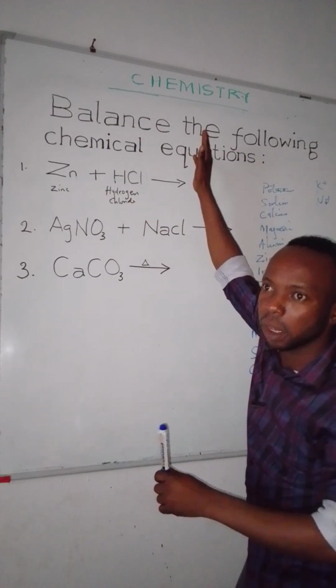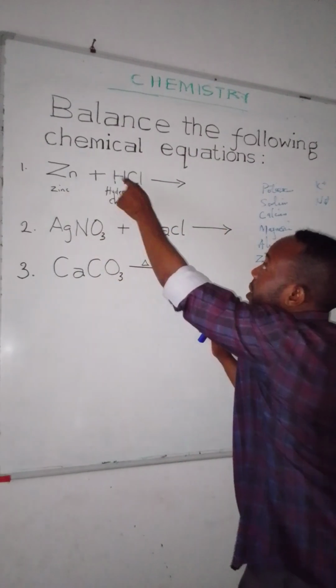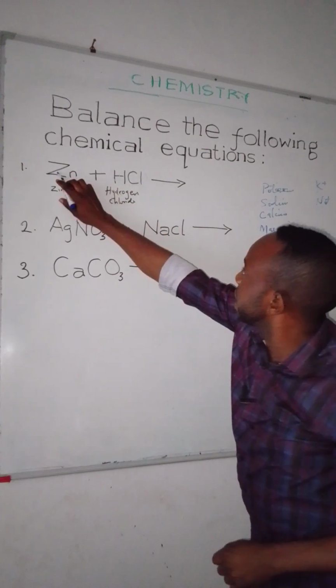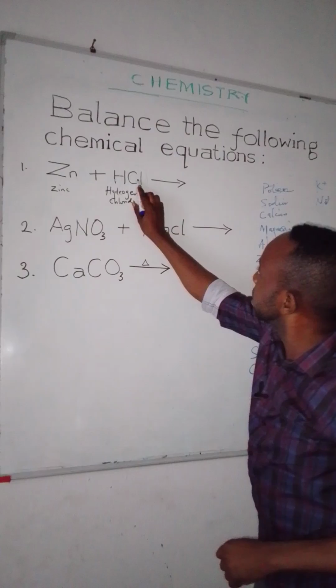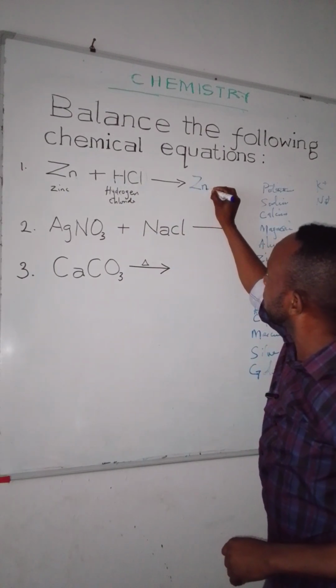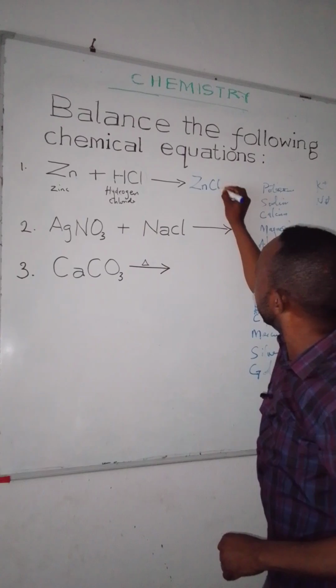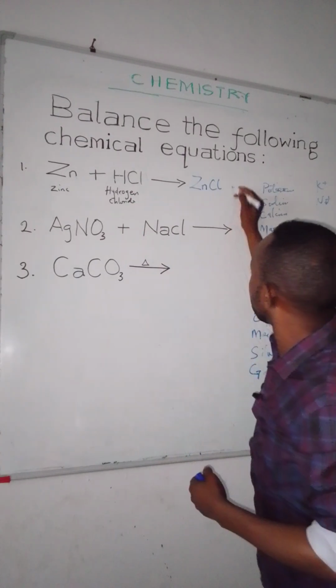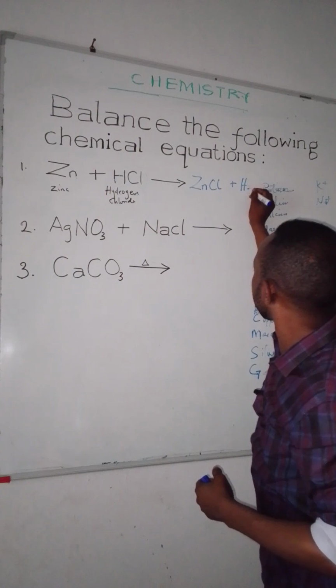Go away. And now it takes the place of hydrogen here. That's what happens. So you will now have zinc taking the place of hydrogen here. That means you will now have zinc and chlorine. The hydrogen, where is it? The hydrogen will be somewhere alone.